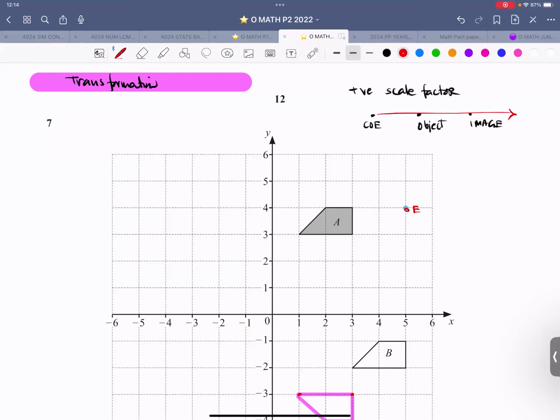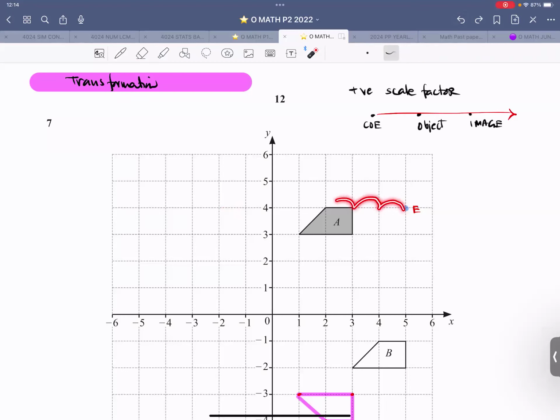Since E is over here, the center of enlargement, and the shape is over here, therefore the image will be over here. Now, the way that we draw it is that, first of all, this point is 2 units away from this. So now it should be 4 units away from this.